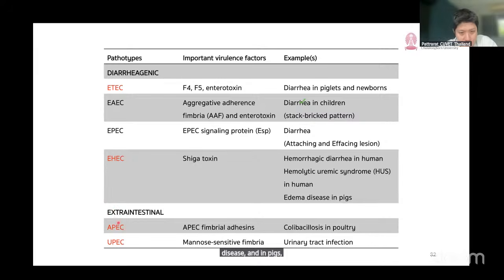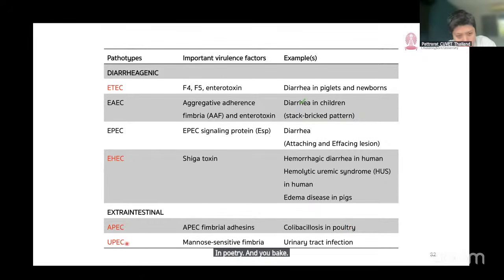And APEC, or avian pathogenic E. coli, has a specific fimbria to attach to the organs of avian species and cause colibacillosis in poultry. APEC can cause pneumonia and airsacculitis in poultry.